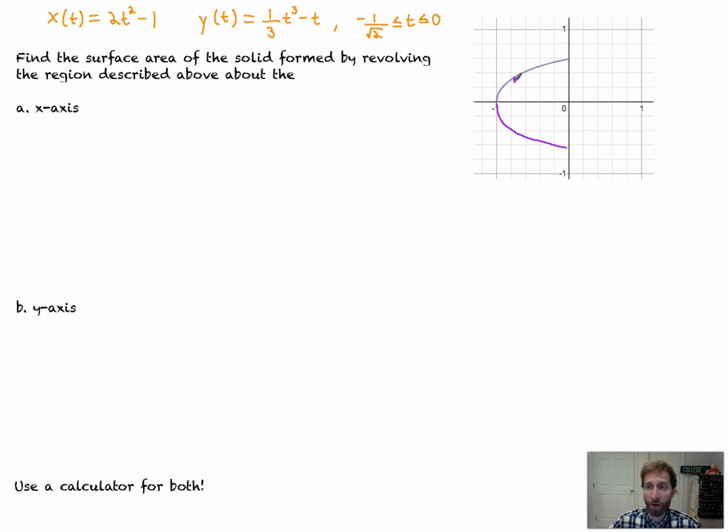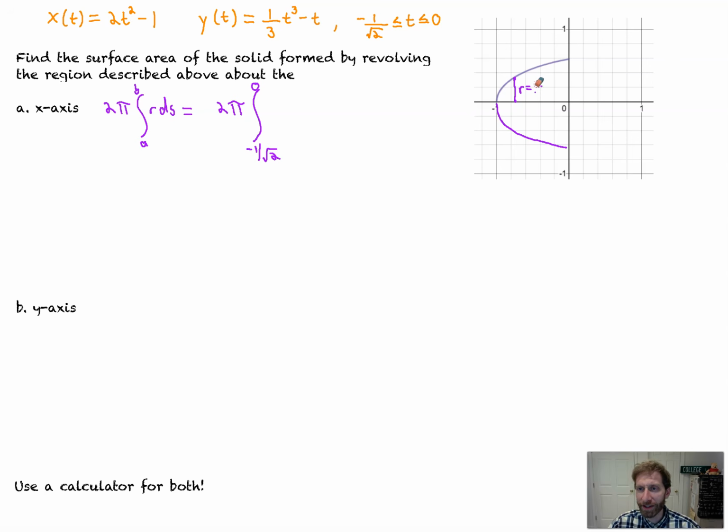And so it's about the x-axis. We see that r right here is equal to x. Remember, the way to memorize that is 2 pi, the integral from a to b of r ds. And our formula that we're going to use then is 2 pi times the integral from a, which is -1 over root 2, to b, which is 0, of r, which is, oh, I said that's x.